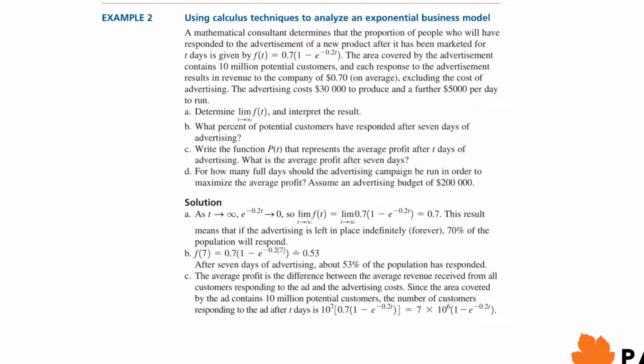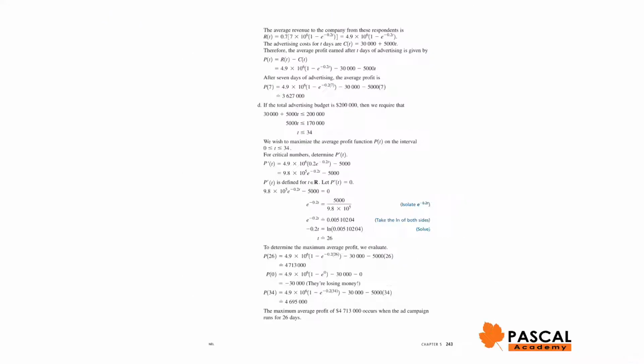Profit is revenue minus cost. The cost of advertising is 30,000, the fixed cost, plus 5,000t if it runs for t days. Revenue is basically 10 million times f of t times 70 cents.